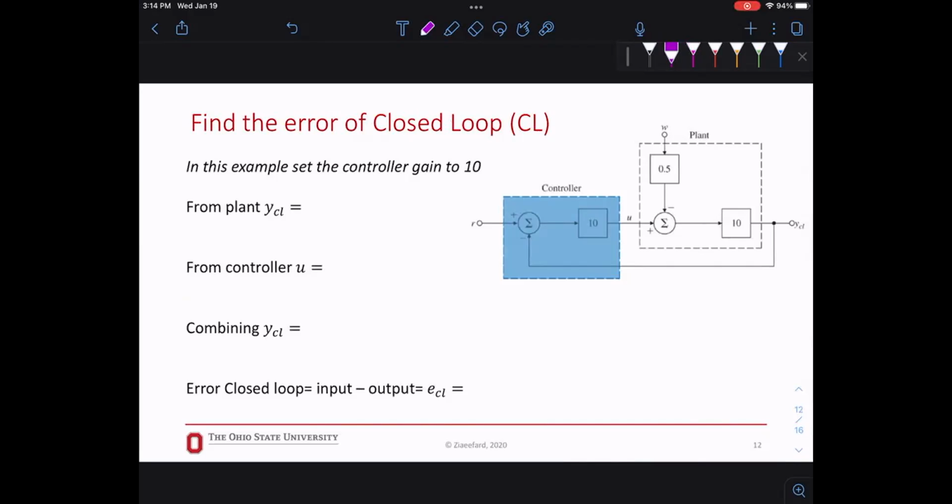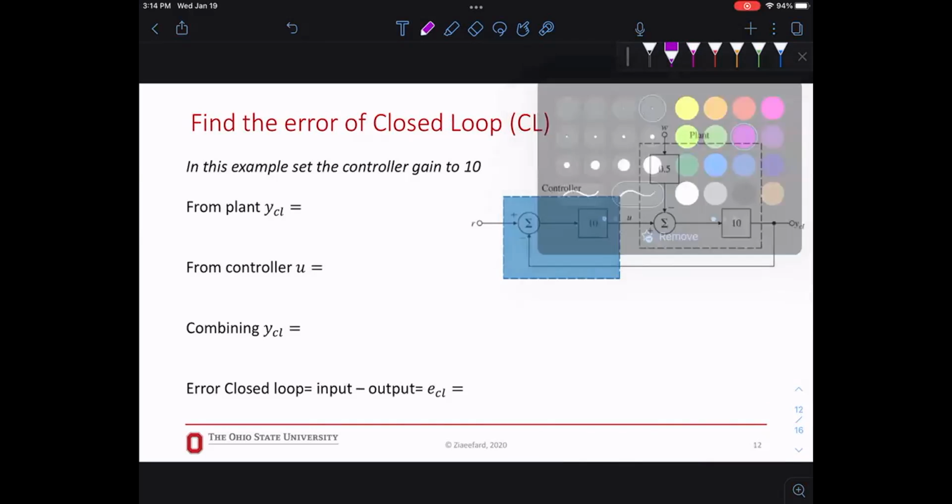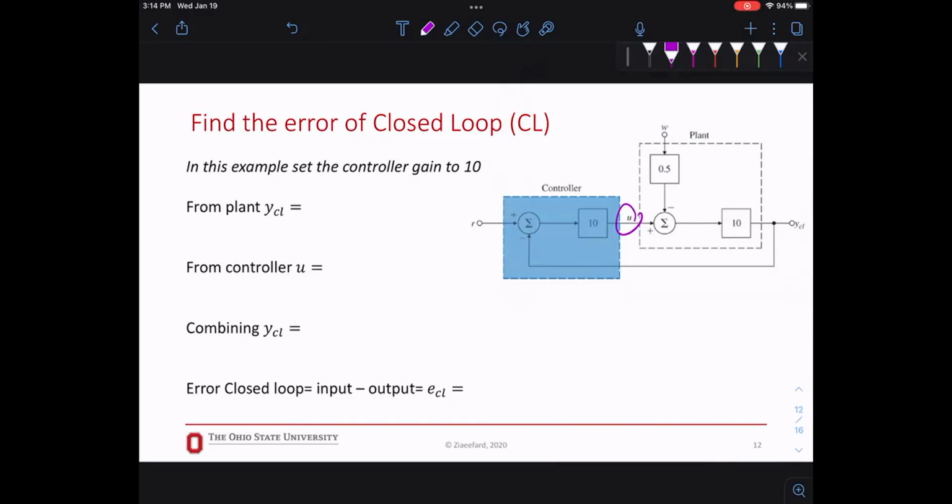Your output is Y. So the idea is we are going to get an expression that has R and Y in it, right? So I'm going to call it YCL, so Y closed loop, and R is my reference input. You see that there is a U. The U is the controller input, right? So don't get these two confused. U controls the actuator, that something comes out of the controller.